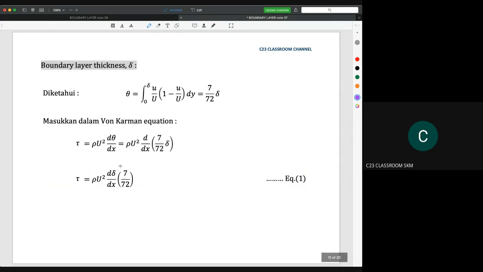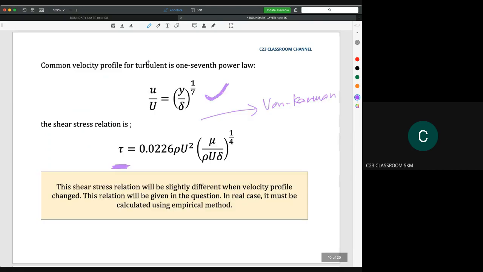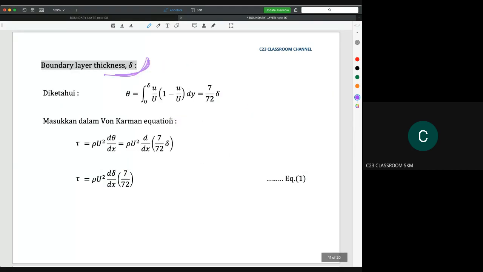Okay, so first we need to calculate what is the boundary layer thickness for that velocity profile. First we know that this is the von Karman equation: tau is equal to rho U square d theta dx. And then we need to substitute the value of theta here.